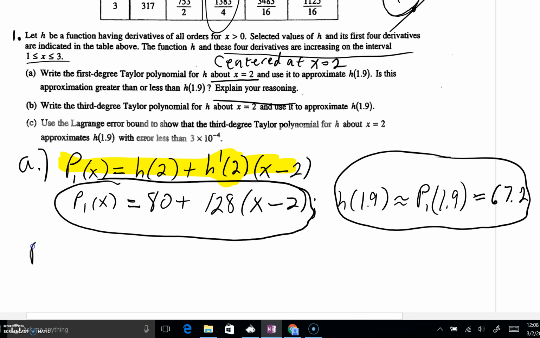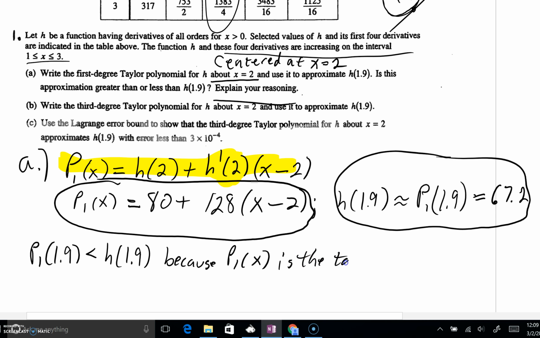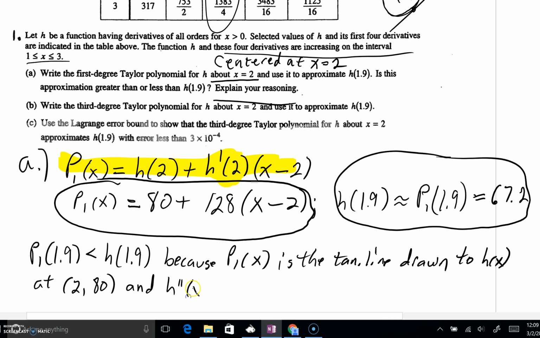So you can say that this estimate, P of 1.9, must be less than the actual true value, because P1 of x, that first degree polynomial, is the tangent line drawn to the function, so it's drawn to h of x at the point 2, 80, and h double prime of x is greater than 0 on the interval.